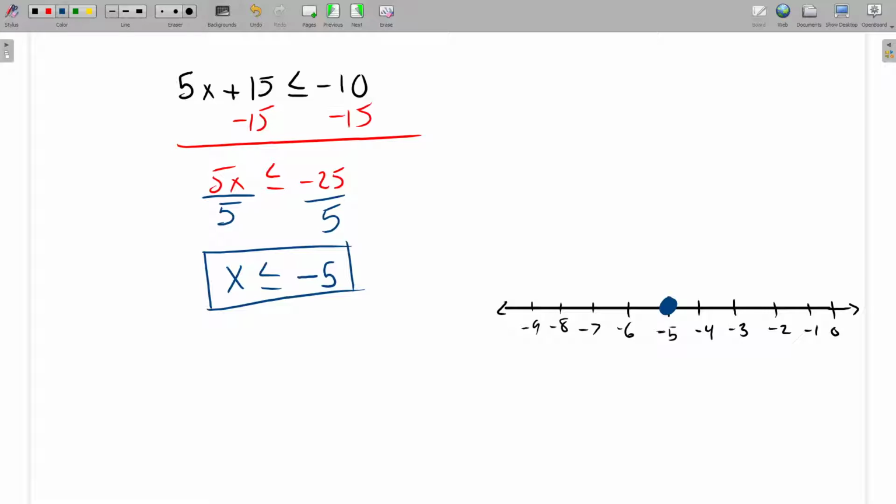It's going to be a closed circle. The reason why I'm filling in this circle and I'm closing it is because we are less than or equal to. If this was just less than, I wouldn't fill in the circle. I would do an open circle. Depending on what symbol you have will depend on if you do an open circle or a closed circle.